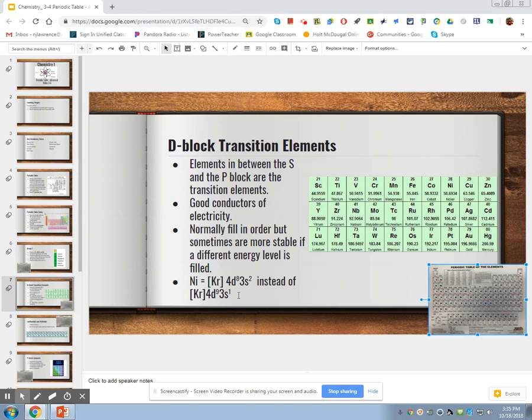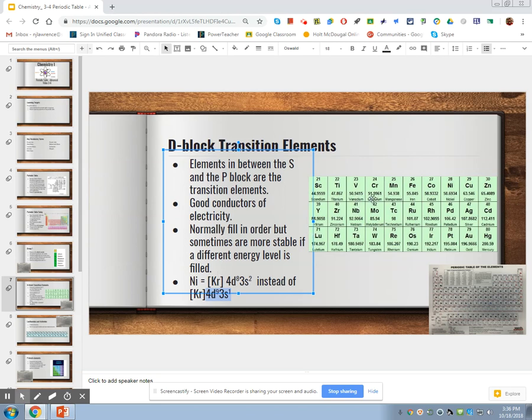But as you've seen in the last video, sometimes we come up against exceptions, where instead of having 3s2 and then filling up our 4d, nickel would rather do this than this. So this is common, that it would fill up the 3s2 and then fill up the 4d.